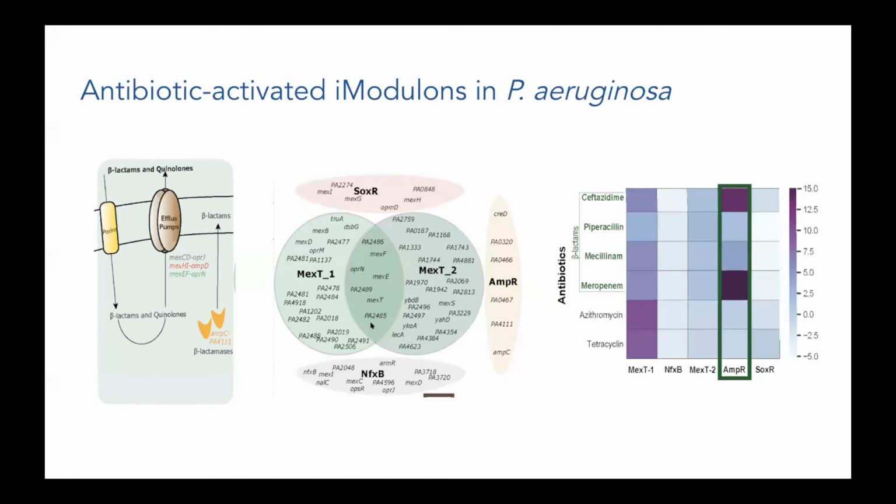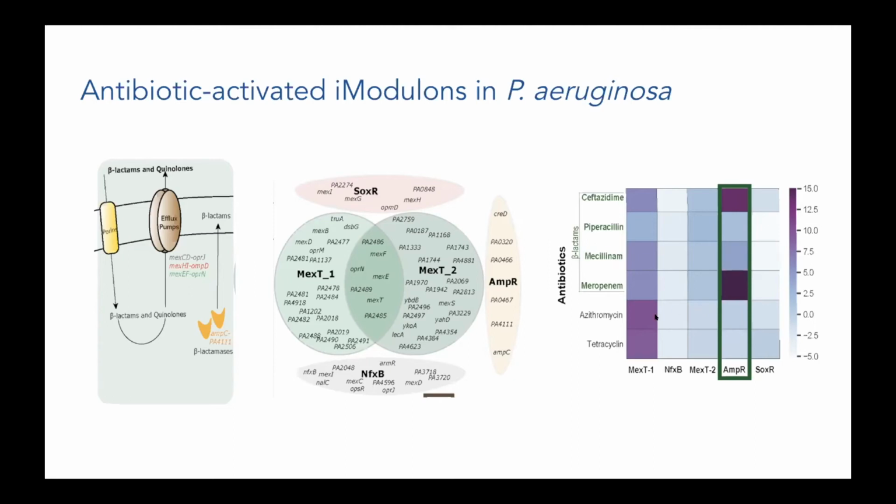MEX-T. When we performed ICA on the Pseudomonas aeruginosa data, we actually found that there were 2 regulons, or two iModulons, that were associated with MEX-T, and both of them contained this MEX-EF transporter. So we now think that there are actually multiple regulators that affect this MEX-EF transporter.